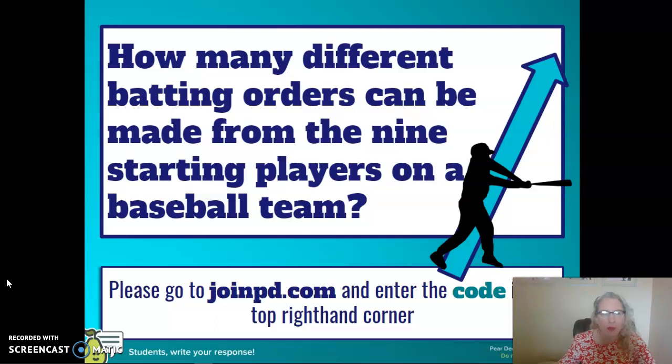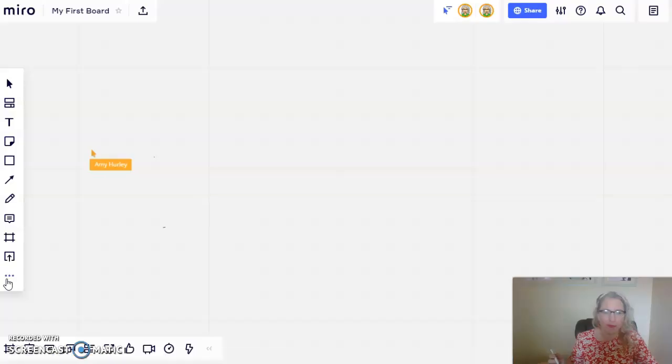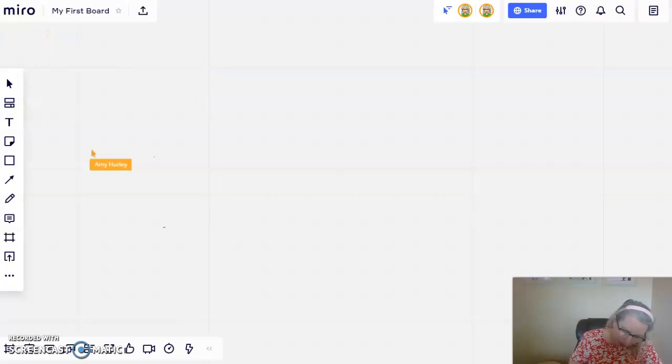How many different batting orders can be made from the 9 starting players on a baseball team? So, what we have going on, if we were going to use a decision chart, would be 9 decisions.